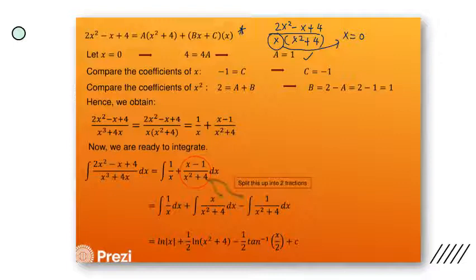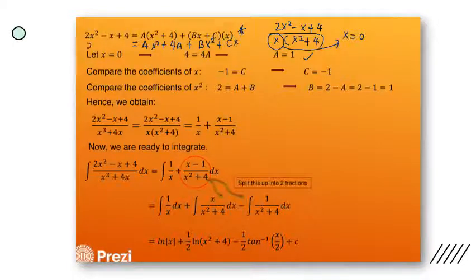We expand the right hand side: Ax squared plus 4A plus Bx squared plus Cx.